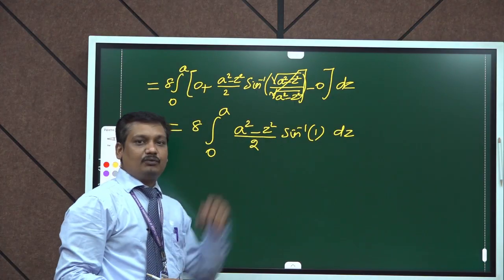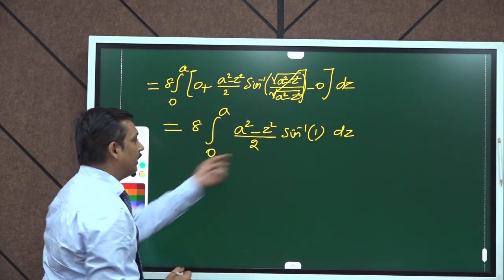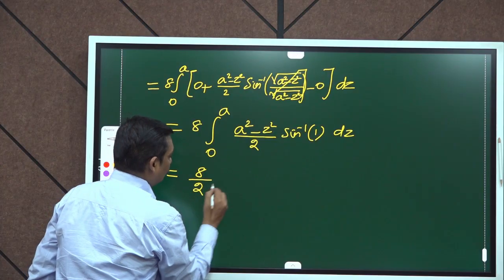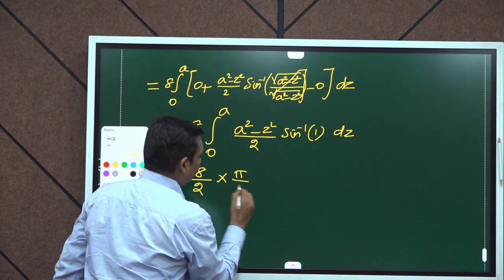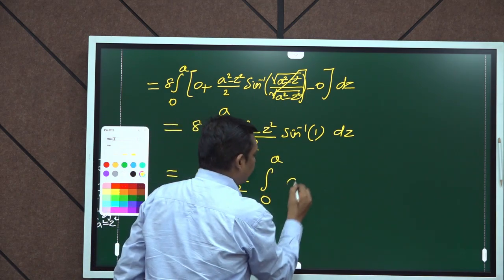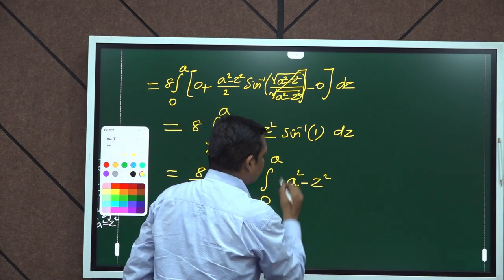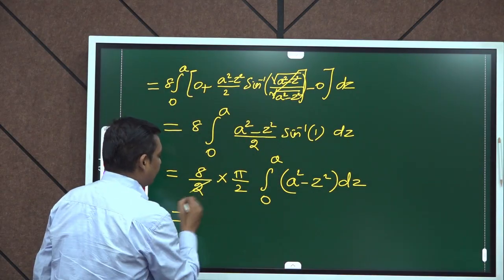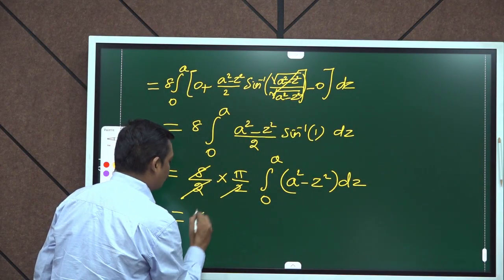Here sine inverse of 1 value is pi by 2 and 2 is a constant taken outside. So 8 by 2 into pi by 2 integral 0 to a of a squared minus z squared dz. Now cancel, we get 2 pi.